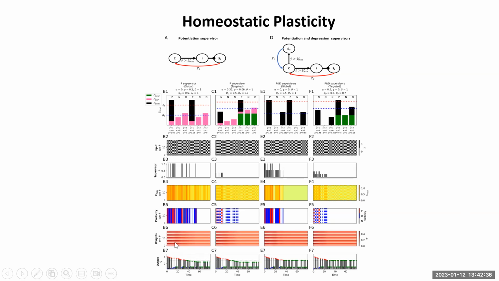I want to show that this actually works. Again, it's a little bit hard to see here. I don't know if I can zoom in, but basically, the way that we illustrate how this homeostatic plasticity works is that we initialize the synapses such that the even numbered synapses have a very low weight and the odd numbered synapses have a very high weight. And we present either even or odd patterns to the neuron, right? So the even patterns will initially be too weak.